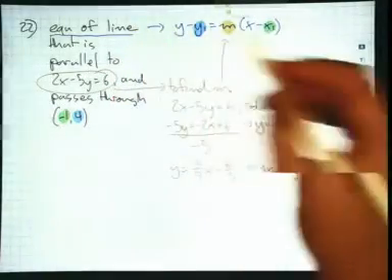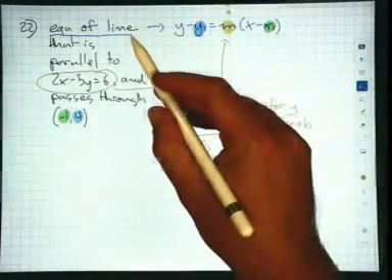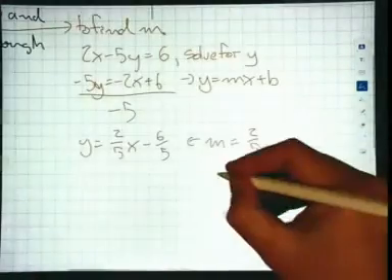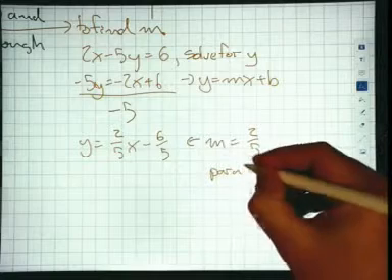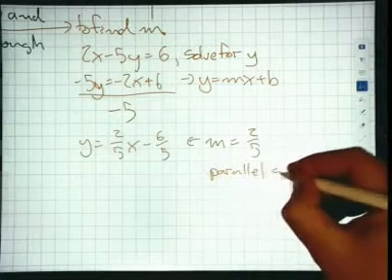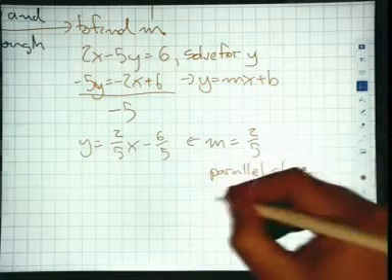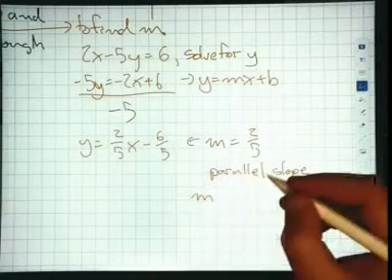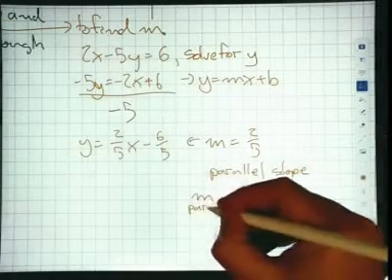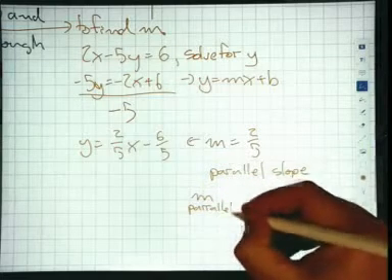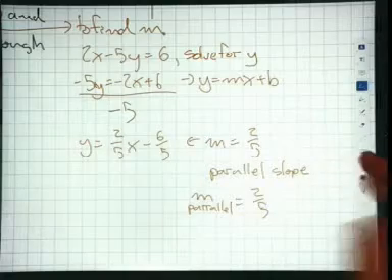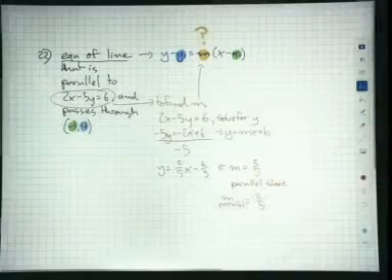Now, we want the slope of the line that's parallel. So the parallel slope, we'll call this m parallel, is going to be 2/5. Parallel lines have the same slope.